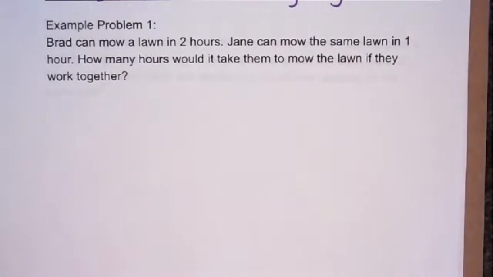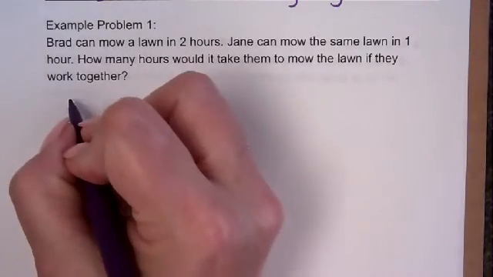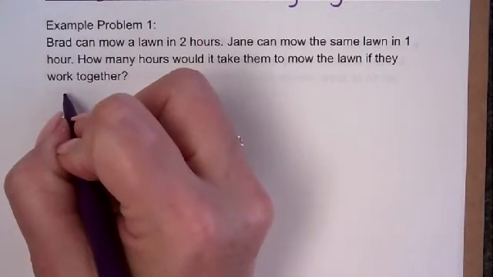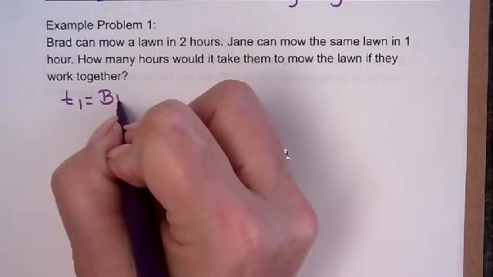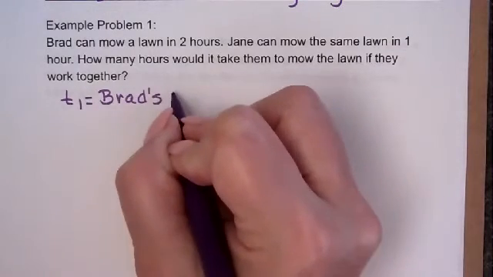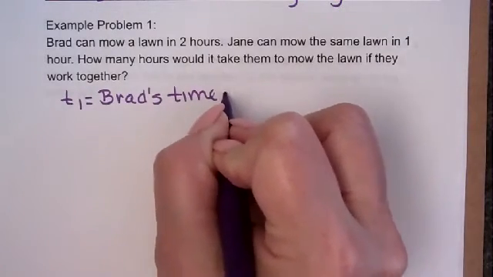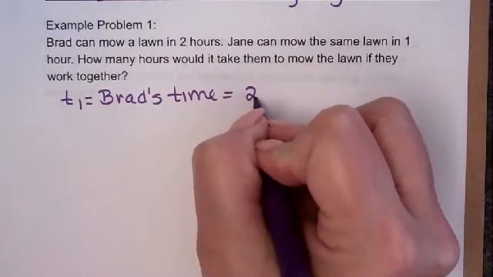Here is example 1. Brad can mow a lawn in 2 hours. Jane can mow the same lawn in 1 hour. How many hours would it take them to mow the lawn if they worked together? So, let's let T sub 1 be Brad's time, which in this case is 2 hours.